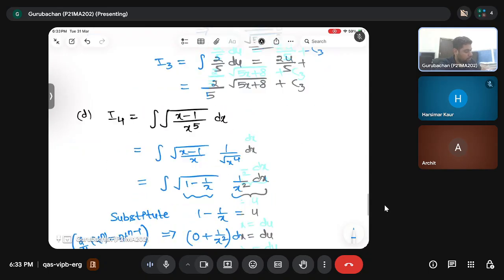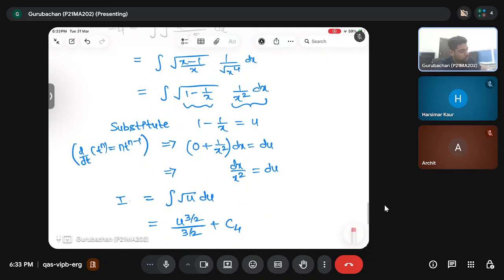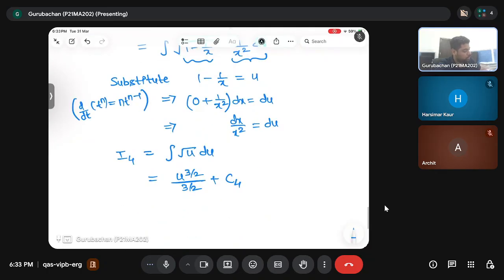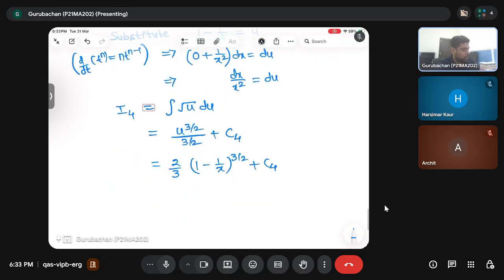So I3 will be 2 by 3 times (1 minus 1 by x) to the power 3 by 2 plus c4. Okay. Now let us move to some trigonometric kind of integrand.